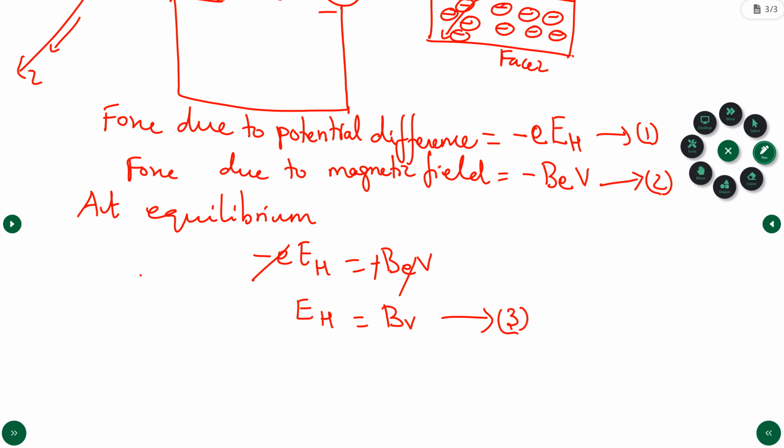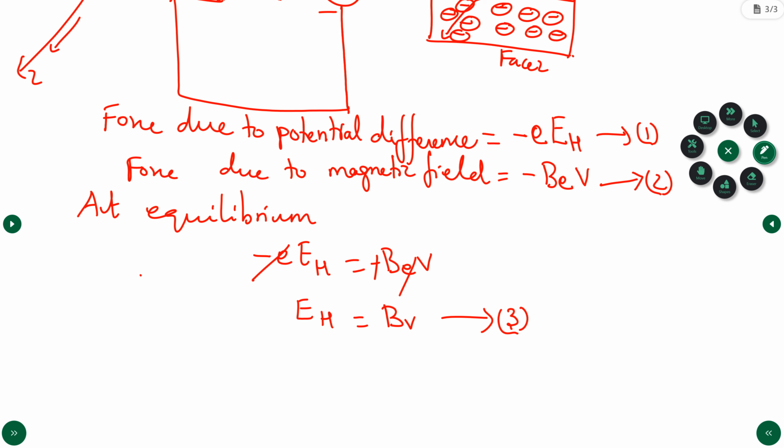Okay, so there is an expression for the current density. You know current density is defined as the current flow per unit area. There is also an expression with respect to the drift velocity.